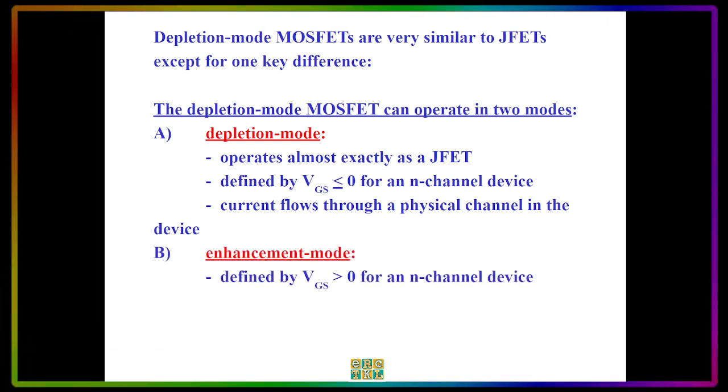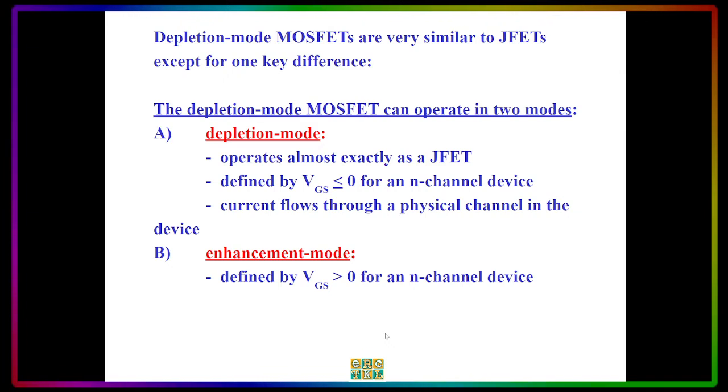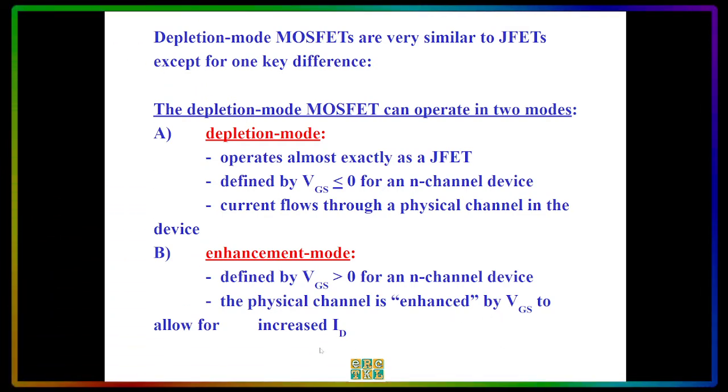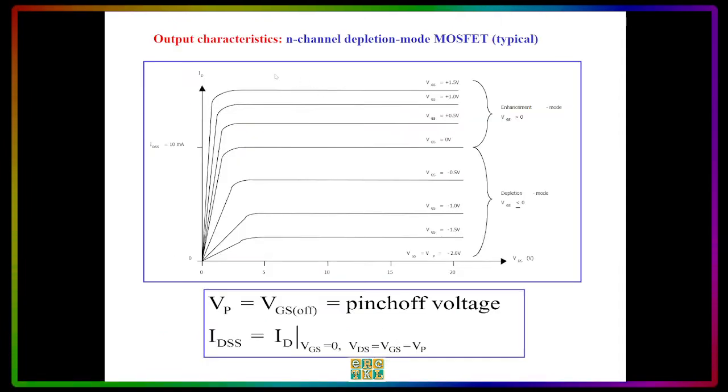For enhancement mode, it is defined by a VGS which is greater than 0 for an N-channel device, and the physical channel is enhanced by VGS to allow for a higher value of the ID, or the drain current. Now, the output characteristics are here.